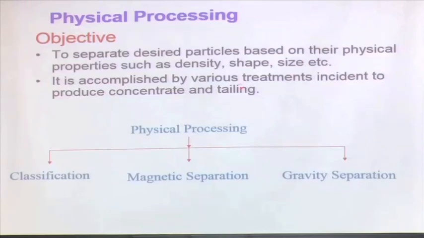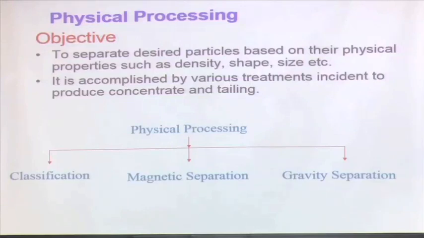Then it is accomplished by various treatments, and we can have different types of separation. There are many more, but I am just telling you the broader categories. We can have classification, which is again a size separation process. Like I want to separate 10 micron and 20 micron particles at a rate of 5000 tons per hour.